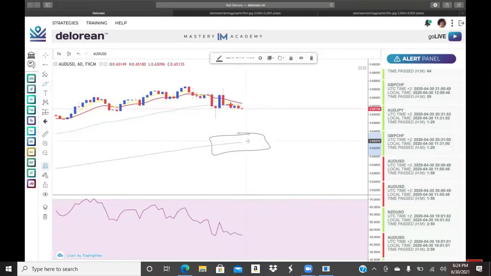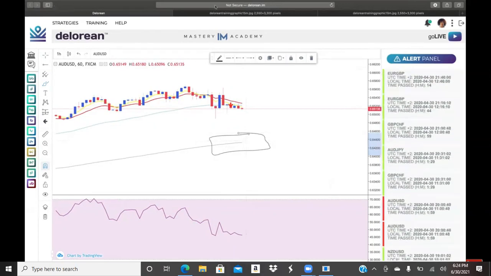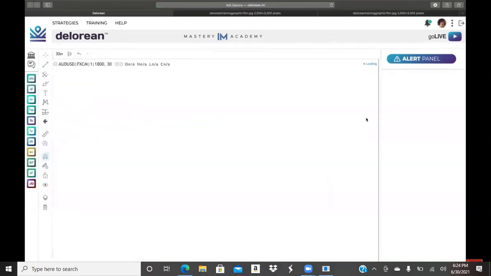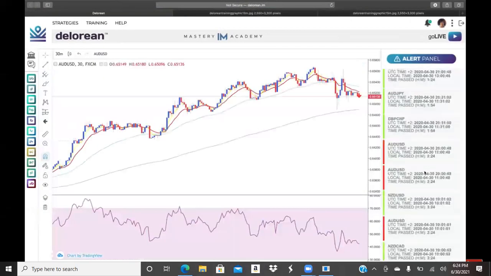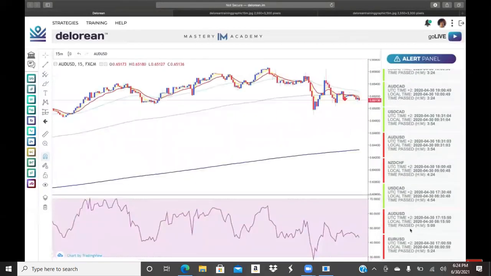The market needs to come down to the gray for the next chance. The reason this tool is powerful is we can, in a split second, refresh and see new trades, and look at all of these new trades that we have potential opportunities on.